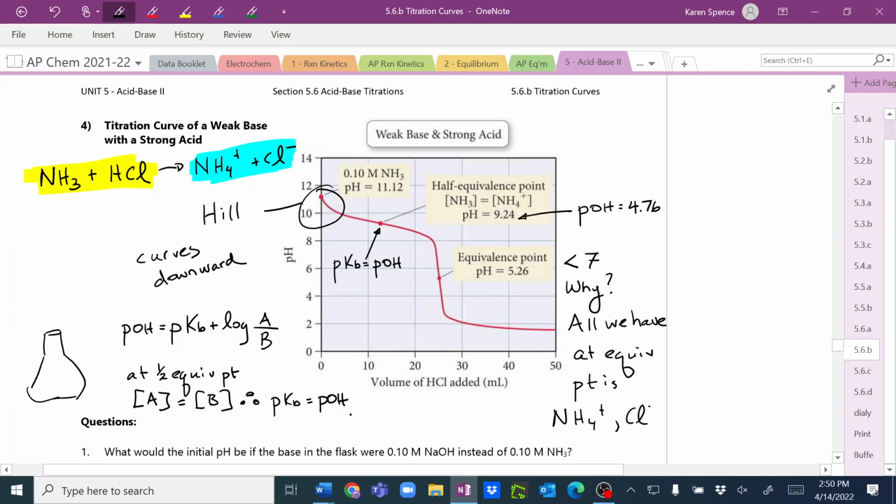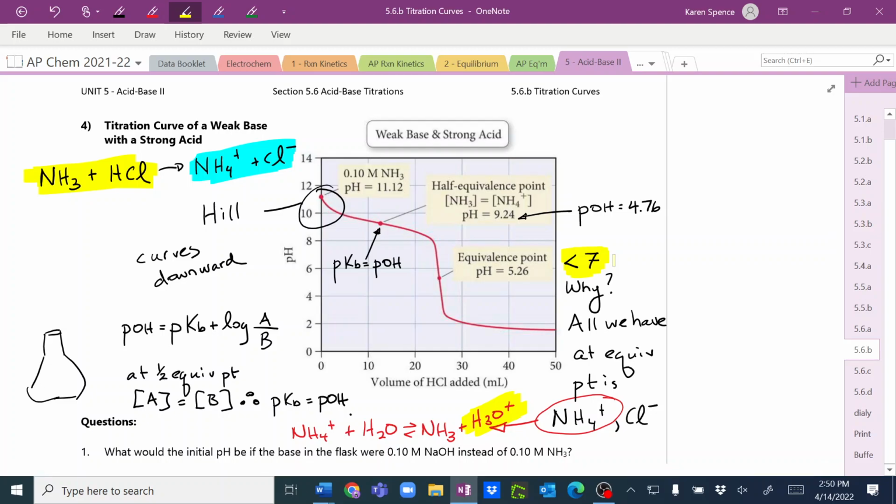And the NH4 plus hydrolyzes to produce hydronium. And therefore the pH is less than 7. Is that good? Okay.